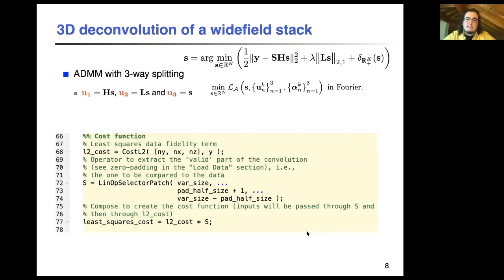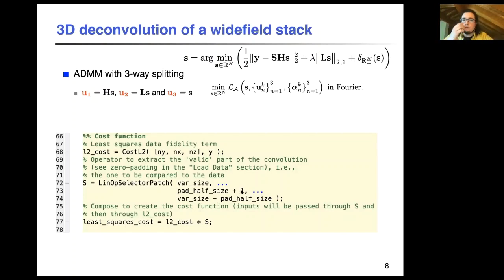The next step is to define the cost function. This is quite easy, as you can see. You define the L2 cost and give it the dimension and the term of comparison Y, the data. Of course, you'll need to compose this L2 cost function with S, the patch extraction operator. We define the selector patch operator, in which we give it the size of the variable and what it should keep, so which indexes it should keep in each dimension.